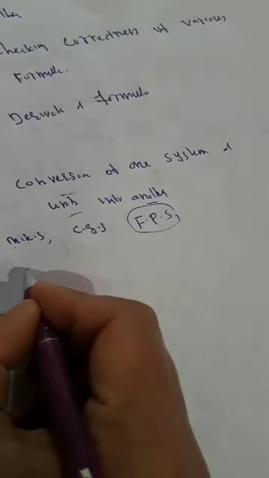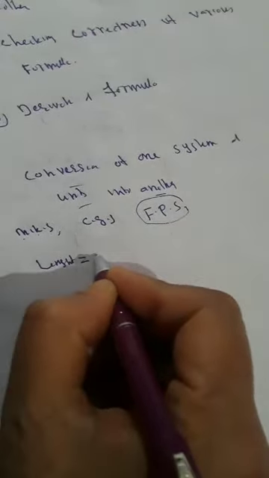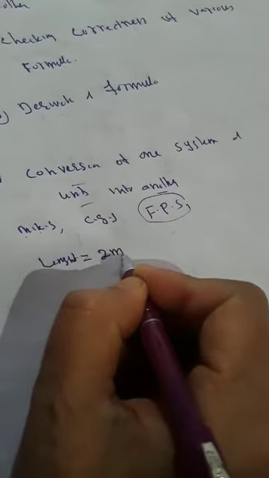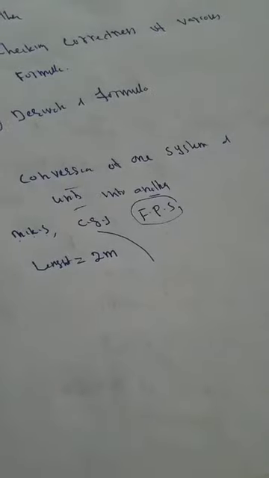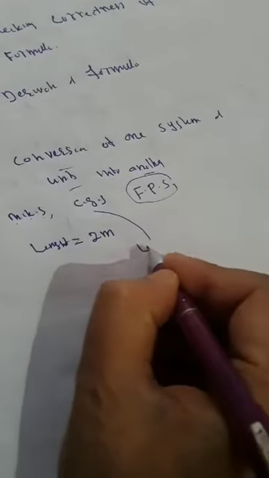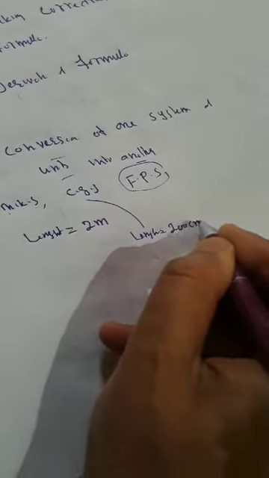Suppose I write in the MKS system, length is 2 meters. In the CGS system, length is measured in centimeters, so I can write length is equal to 200 centimeters.